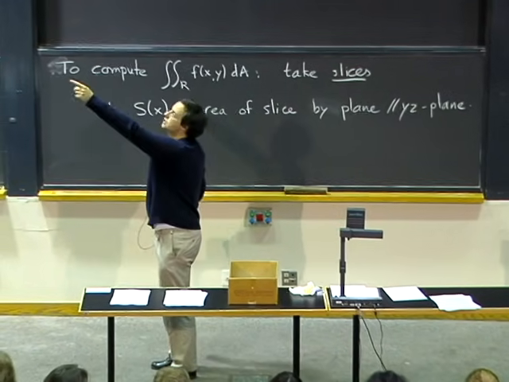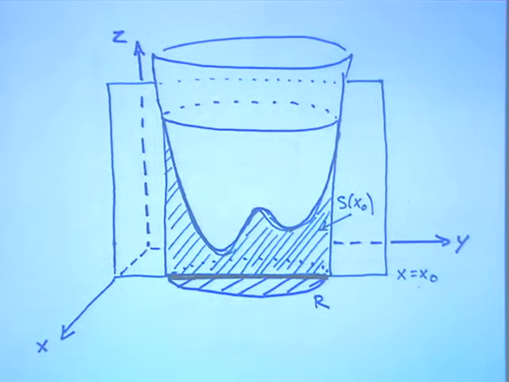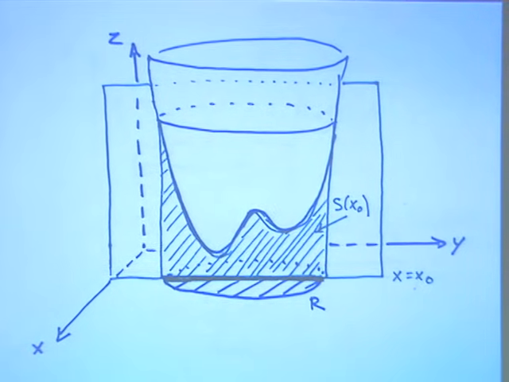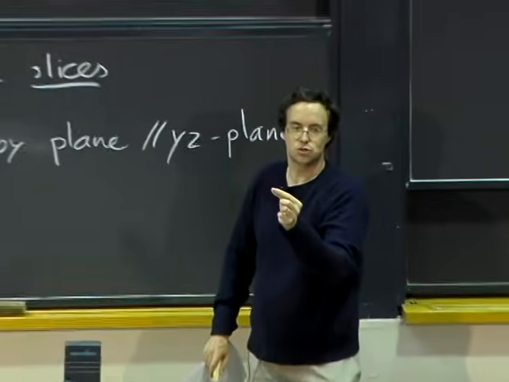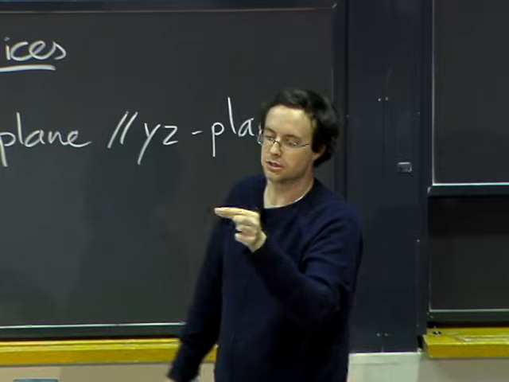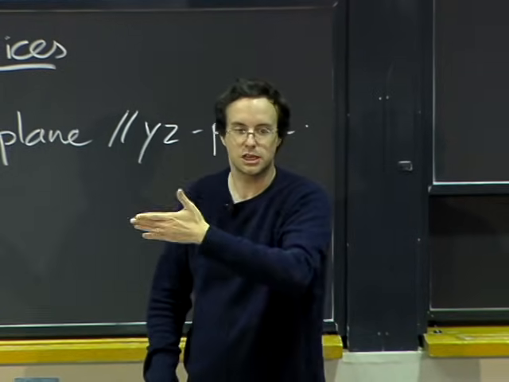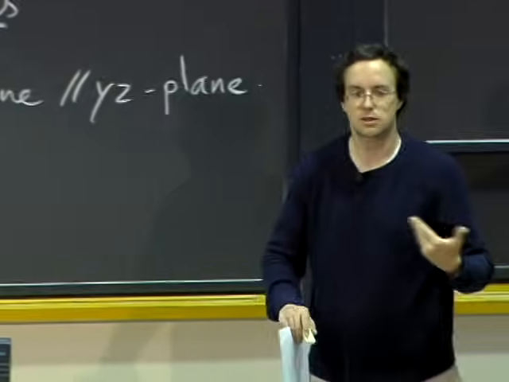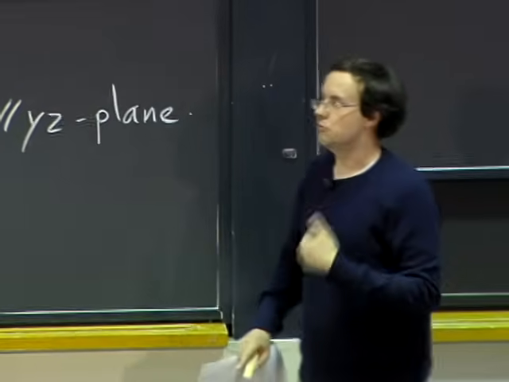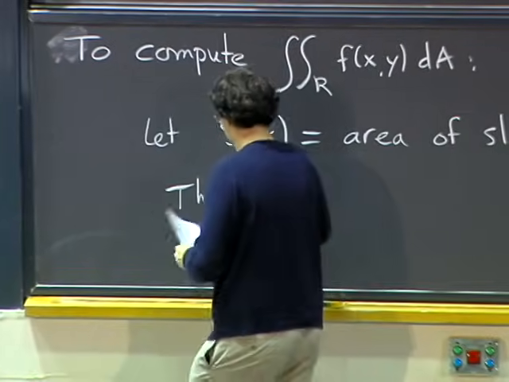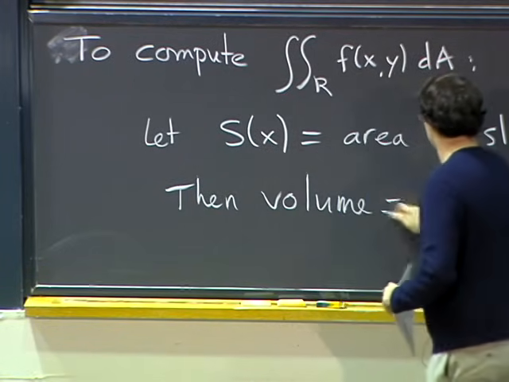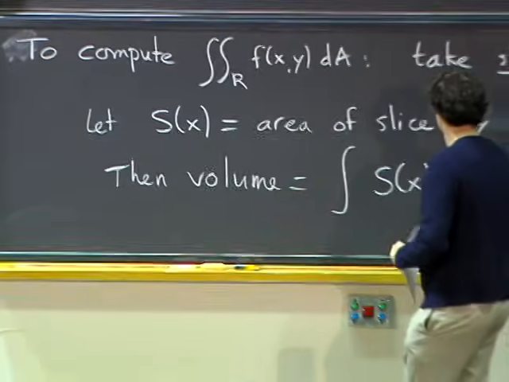On the picture, S of x is just the area of this thing in the vertical wall. Now, if you sum all of these, why does that work? If you take the region between two parallel slices that are very close to each other, the volume between them is essentially S of x times the thickness of this very thin slice, and the thickness would be delta x, or dx if you take a limit with more and more slices. Then the volume will be the integral of S of x dx.